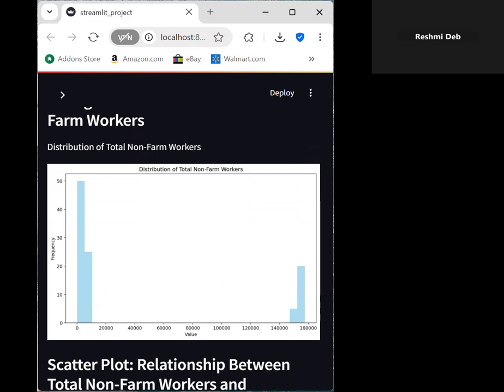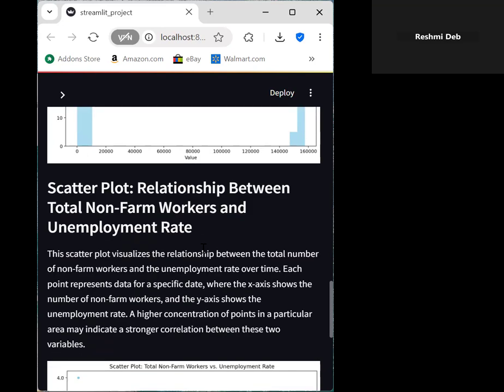The histogram distribution of total non-farm workers suggests that there is some heterogeneity in the data.